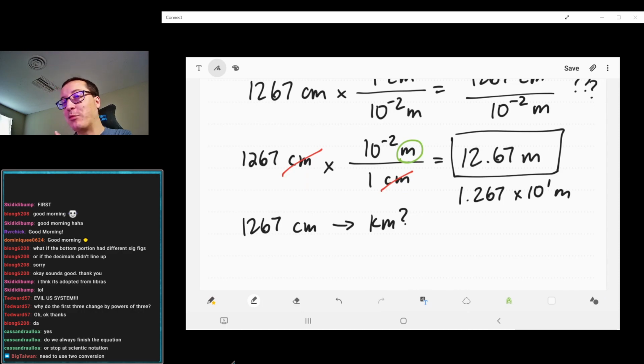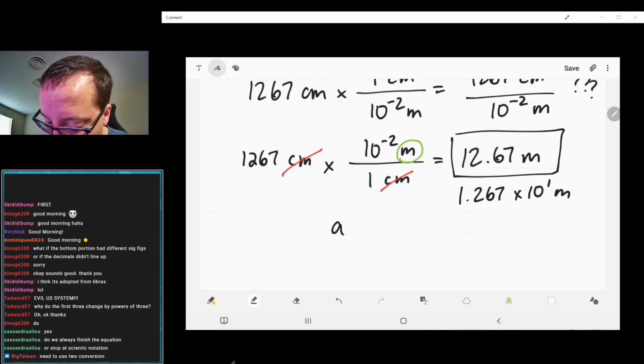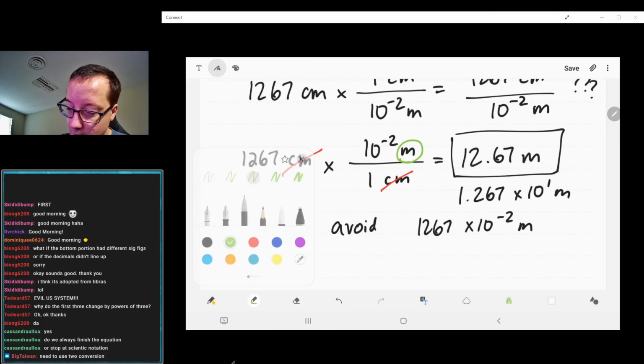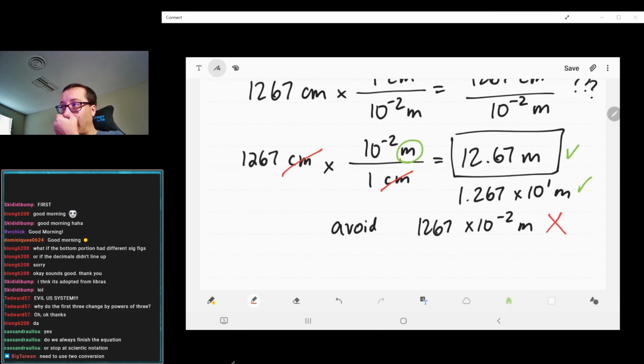So either put it in proper scientific notation or go ahead and put the number out. Don't put it where it's just some random exponent. Either scientific notation or standard notation would work, but let's avoid doing it like this. That's a bit bizarre for me. So either one of these would be okay. Hopefully that answers that.